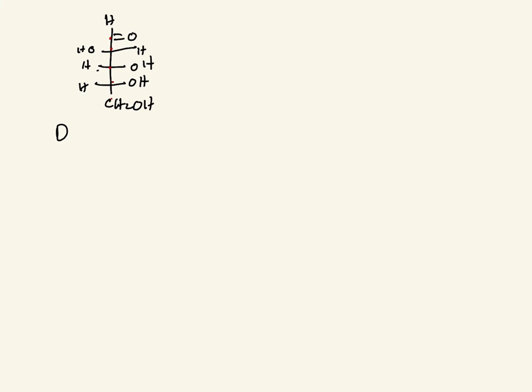So it's an aldopentose because of the aldehyde functional group, and a pentose because there are 5 carbons. And the way we go to a ring structure from this is we rotate this 90 degrees.